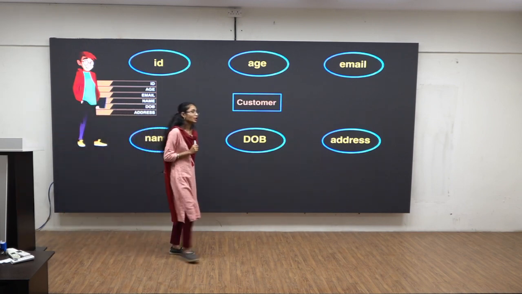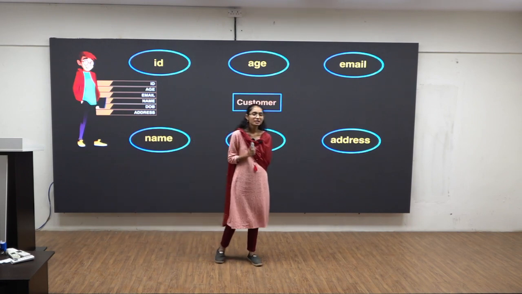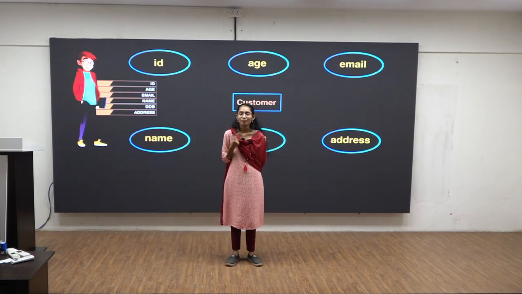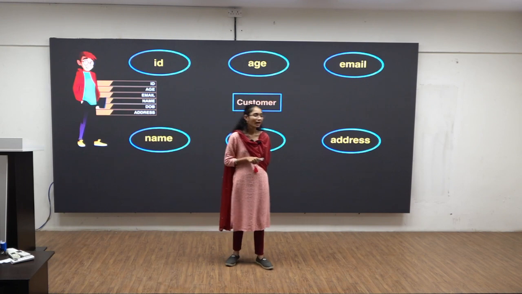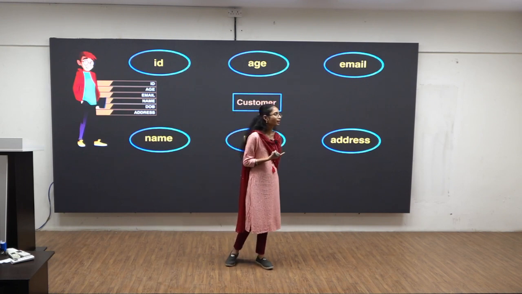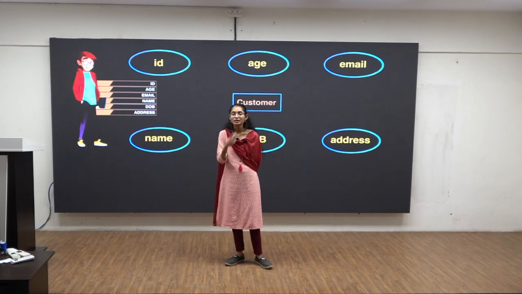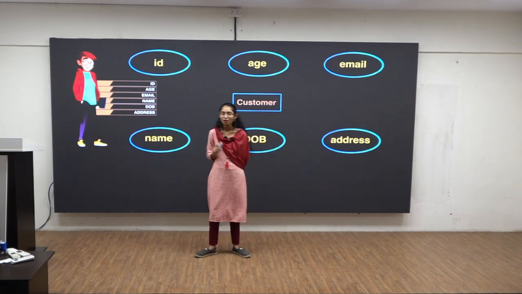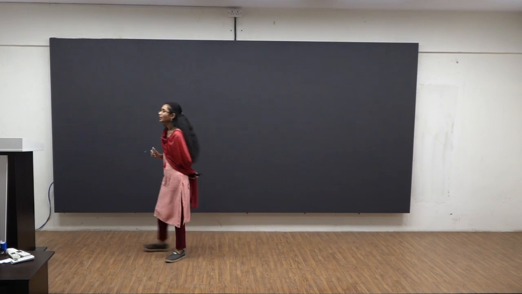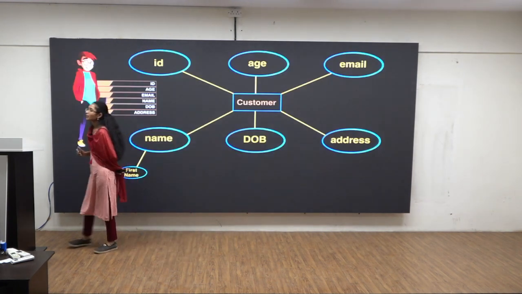What is the representation for an attribute? It is an ellipse. Representation for an entity, rectangle. Representation for an attribute, ellipse. This is what you have to remember whenever you are drawing an ER diagram.